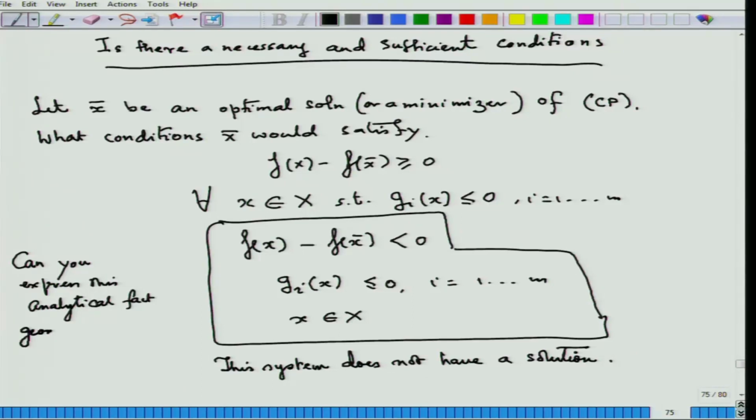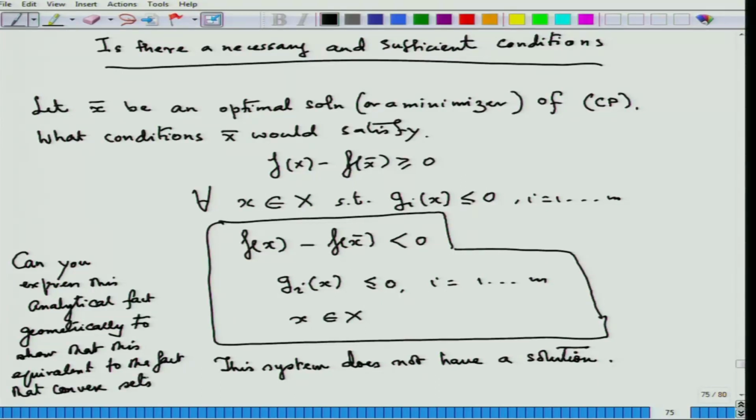It will be a very good exercise to show that this is equivalent to the fact that two convex sets have empty intersection. Basically, you have to find those convex sets.